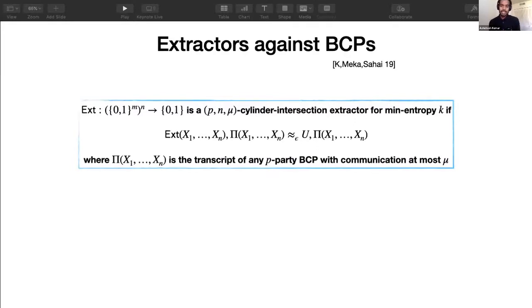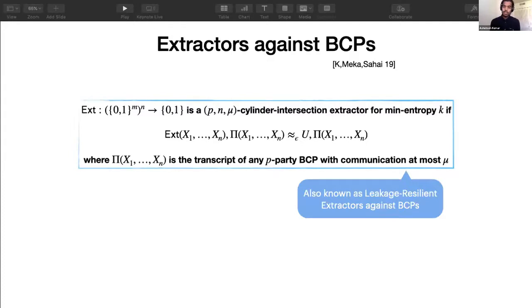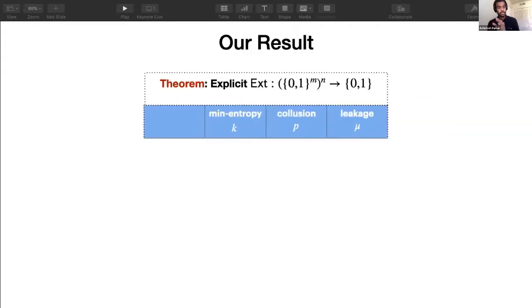So what are the parameters that we would like to improve on? We would like to reduce the min-entropy of each of these sources to as low as possible, and we would like to handle as high collusion as possible. These objects were also recently called leakage-resilient extractors against BCPs. So let me get to our second main result, in which we construct extractors like this for two different parameter regimes.